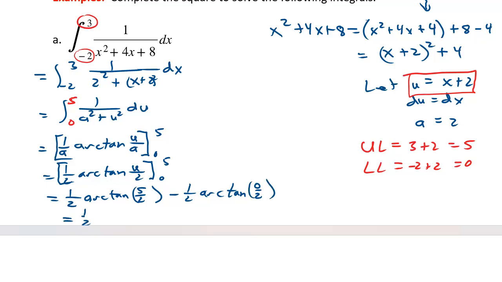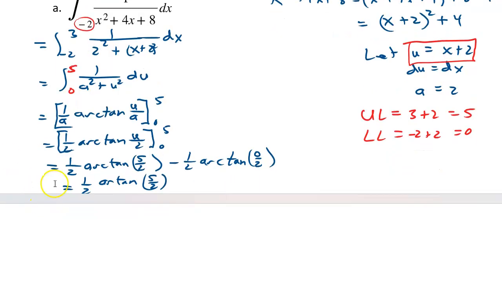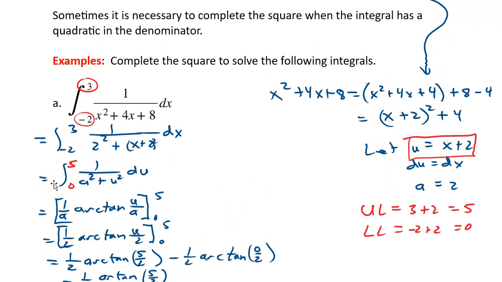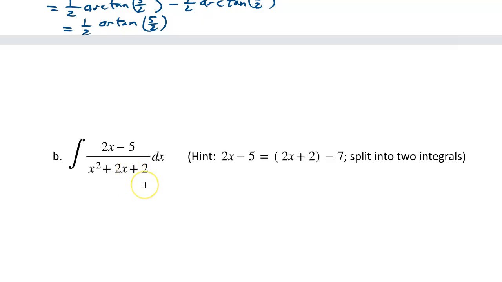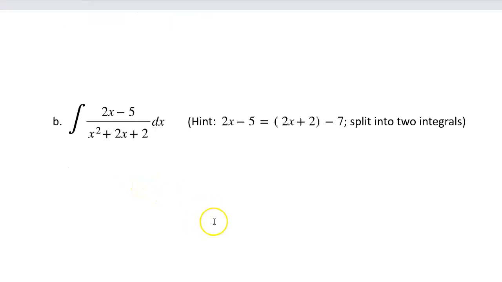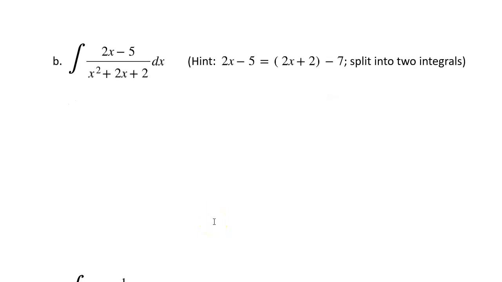So it's just 1/2 arctan 5 over 2, because arctan of 0 over 2 is arctan of 0, which is 0. These are a little bit tricky, but you might see this on your WebAssign problems.